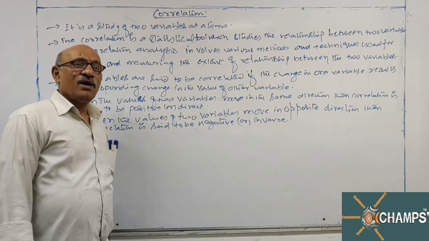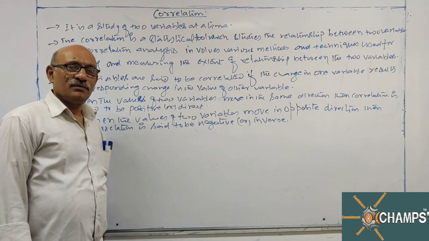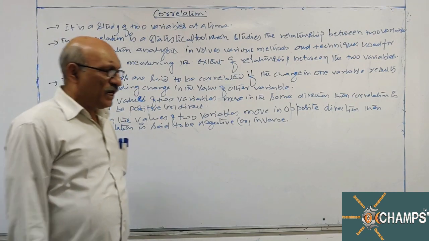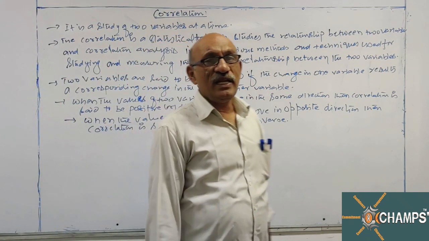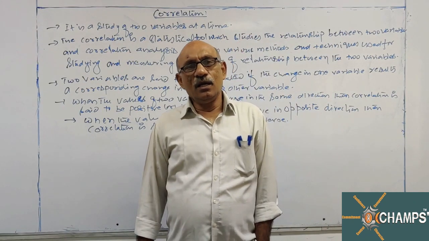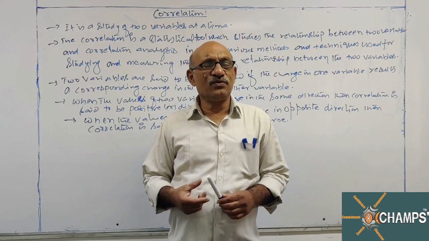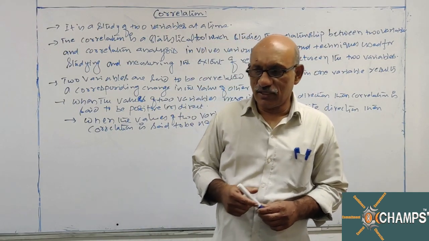Example for this is demand and price. In addition to this, there is one more relation we have to discuss, that is a linear correlation. Then after that we can move to the various methods to study the correlation.